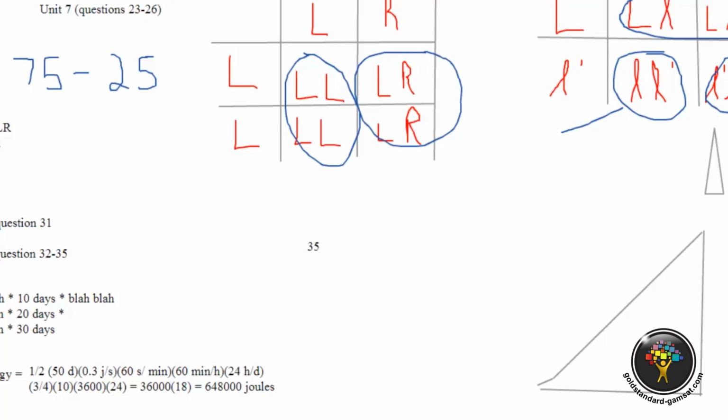So question 35. Now we're going to need to break this statement down into something that's easy to digest. So, at ground temperatures below the stable incubation temperature.